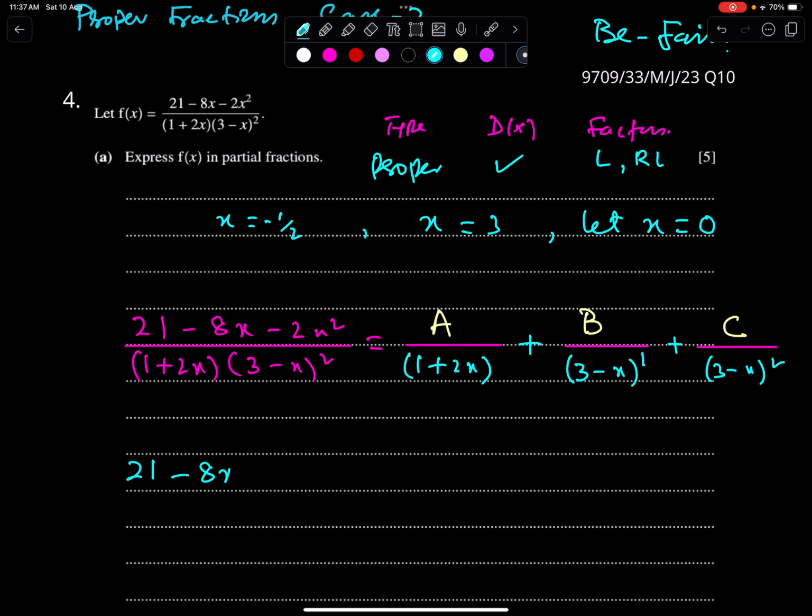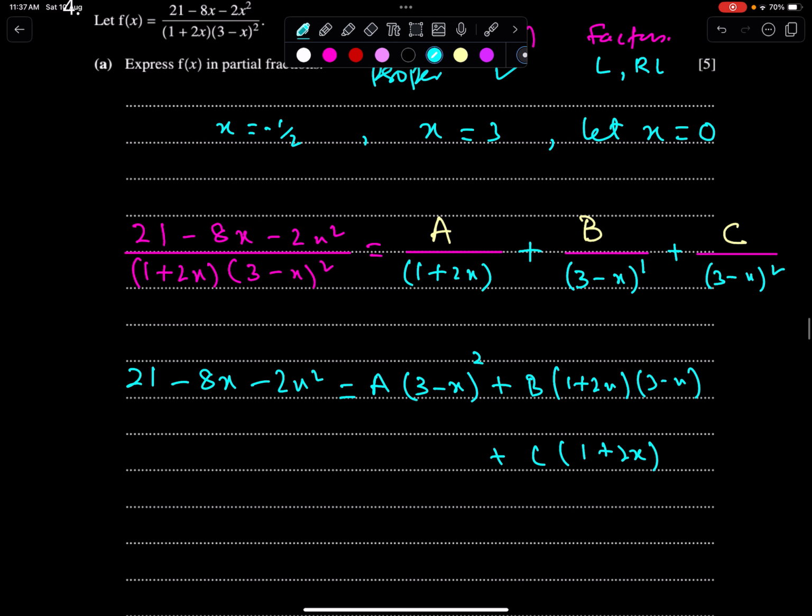We get 21 minus 8x minus 2x square equals A times, see this and this cancels, so 3 minus x whole square, plus B times 1 plus 2x times 3 minus x, plus C times 1 plus 2x. Watch my previous lecture on partial fractions to understand this step in detail.